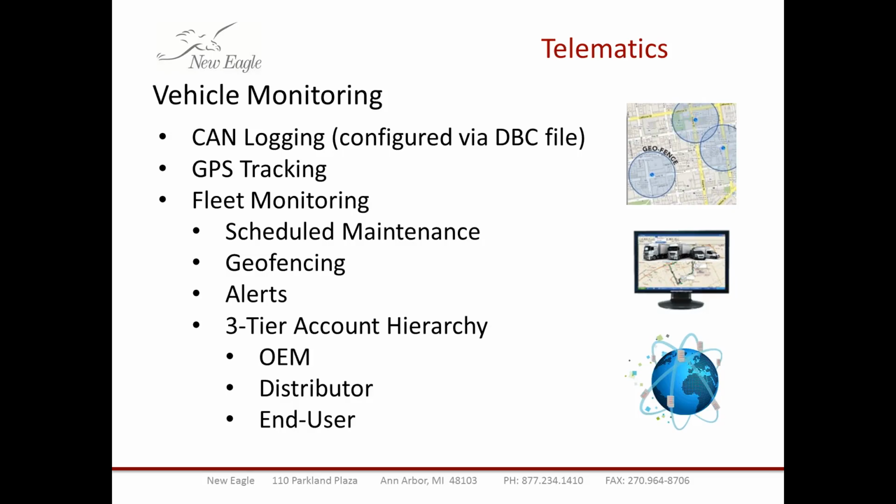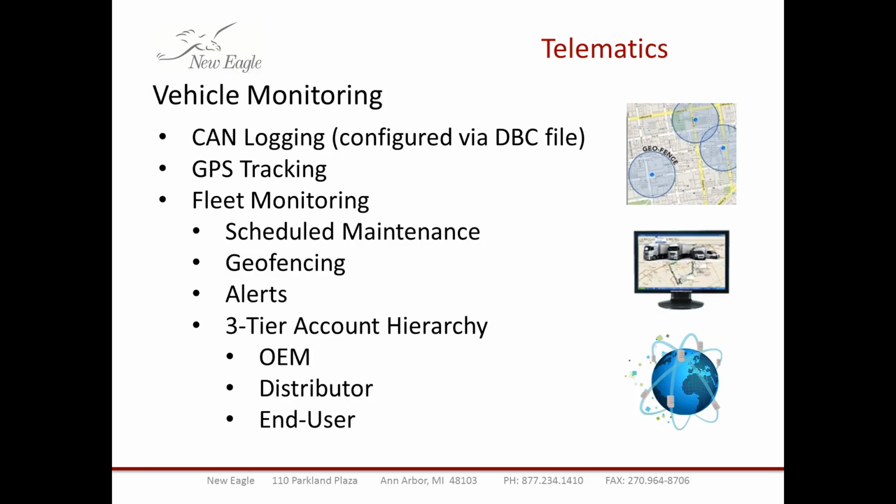In addition to CAN logging, each TCM, Telematics Control Module, has a GPS tracker on it. That's a GPS antenna that just lets us keep track of where a vehicle is, latitude, longitude, altitude, and so you can know where the vehicles are out in the broad world.